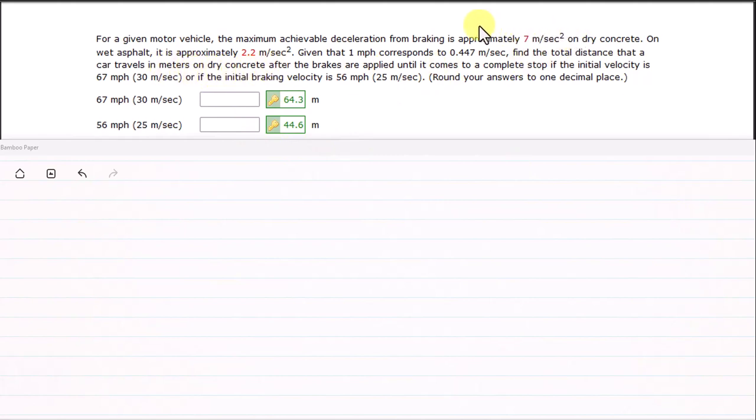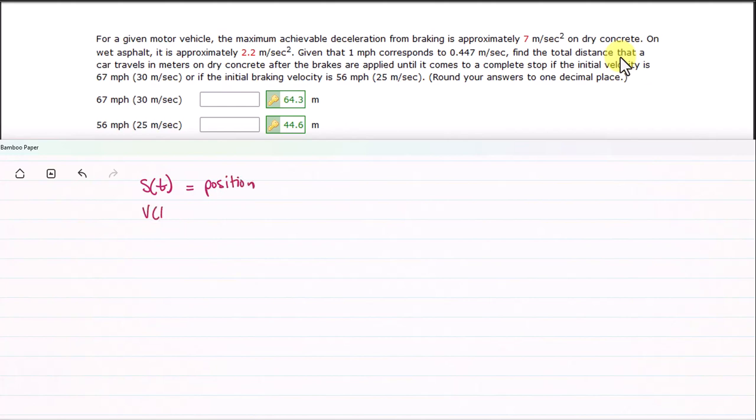From the problem, the maximum achievable deceleration from braking is approximately 7 meters per second squared. This is the second derivative of the position function, because this is the acceleration or deceleration function. We let s of t be the position function.